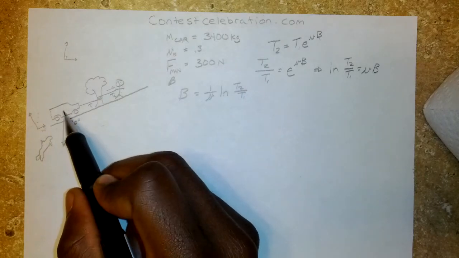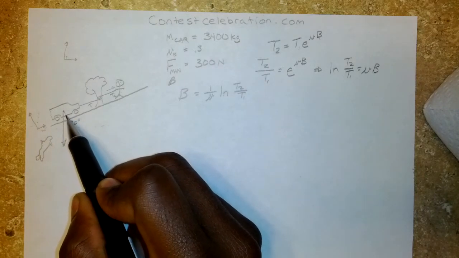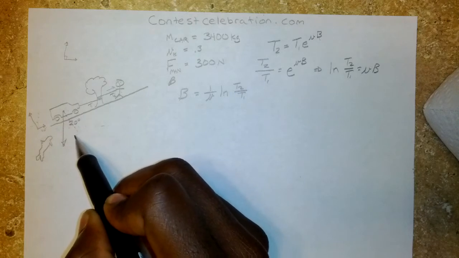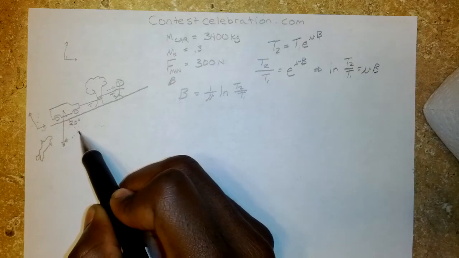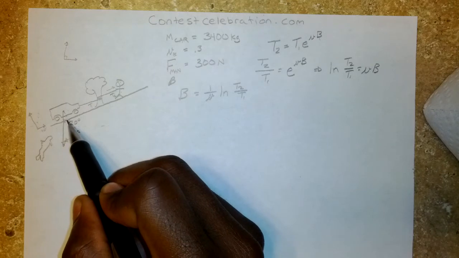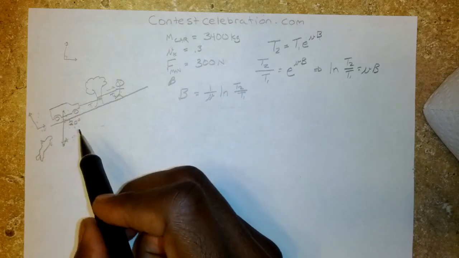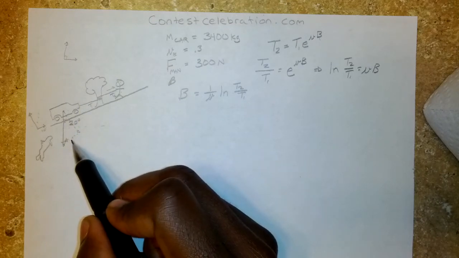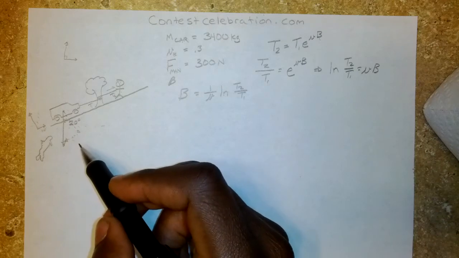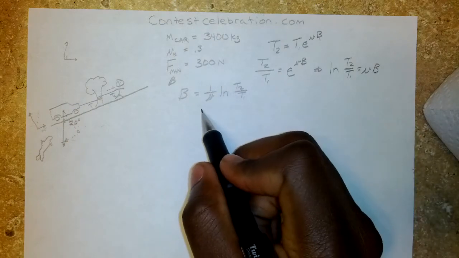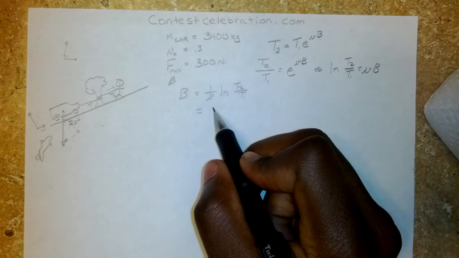So we have to break this weight into its components for this axis. So this is 20 degrees in here. This is the opposite side of the angle, so we know we're going to be using sine when we multiply.